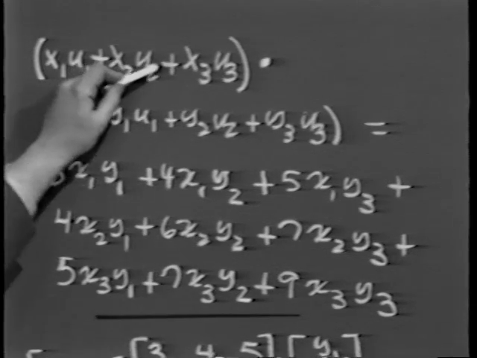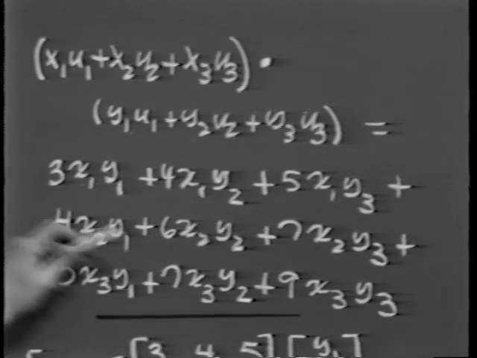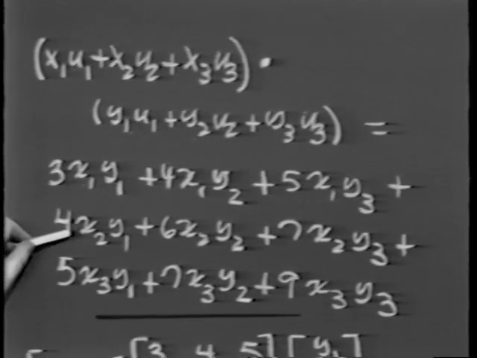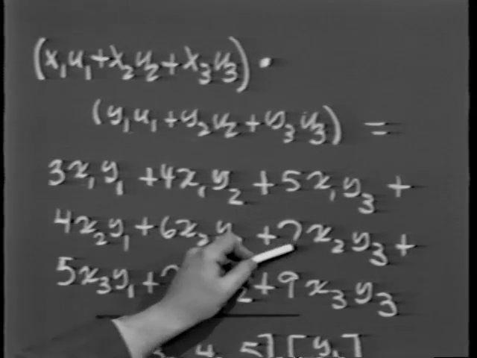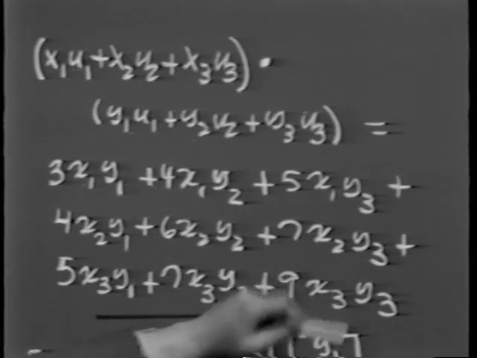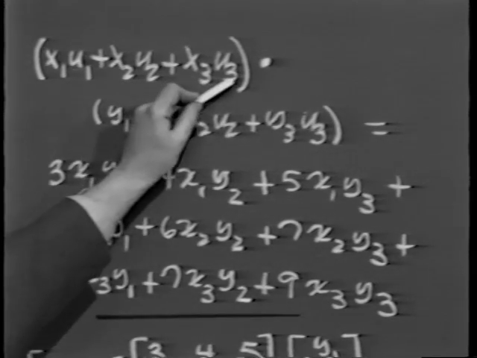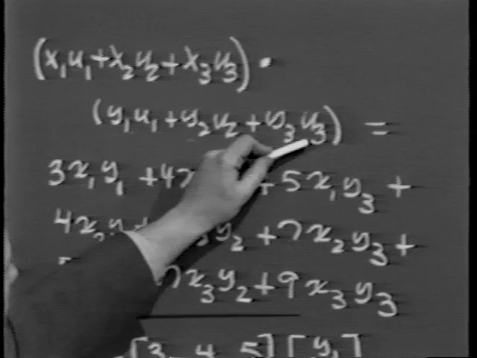And in a similar way, going through this, I get a term 5x1 y3. Then dotting x2 u2 with each of these 3 terms, I get 3 more terms, 4x2 y1 plus 6x2 y2 plus 7x2 y3. Then I dot x3 u3 with each of these 3 terms.